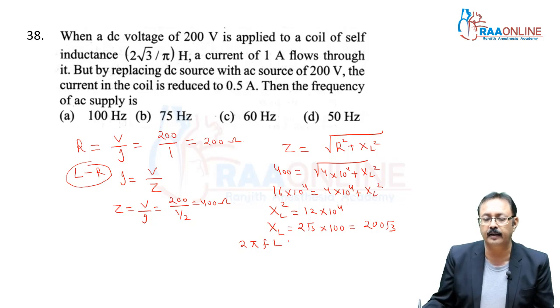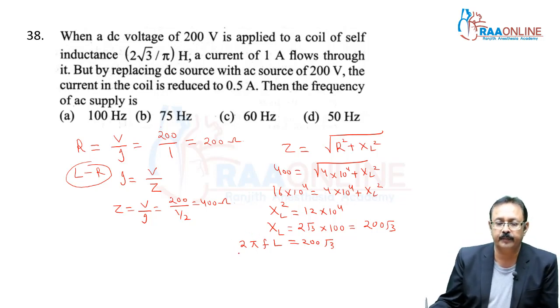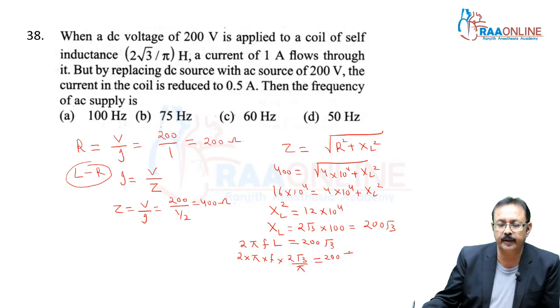Omega into L. We got 200 root 3. L is given as 2 root 3 by pi. So 2 into pi into F into L, which is 2 root 3 by pi, is equal to 200 root 3.